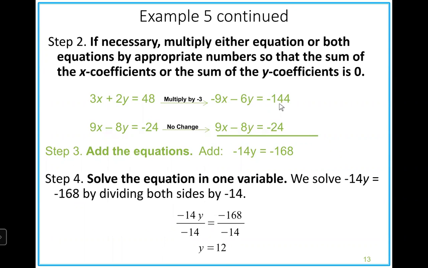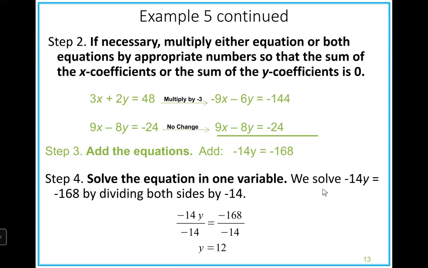And then -144 plus -24 gives negative 168. So now you have eliminated the x. You can now find y by dividing -168 by -14. When you do that division, you're going to get y is equal to 12.